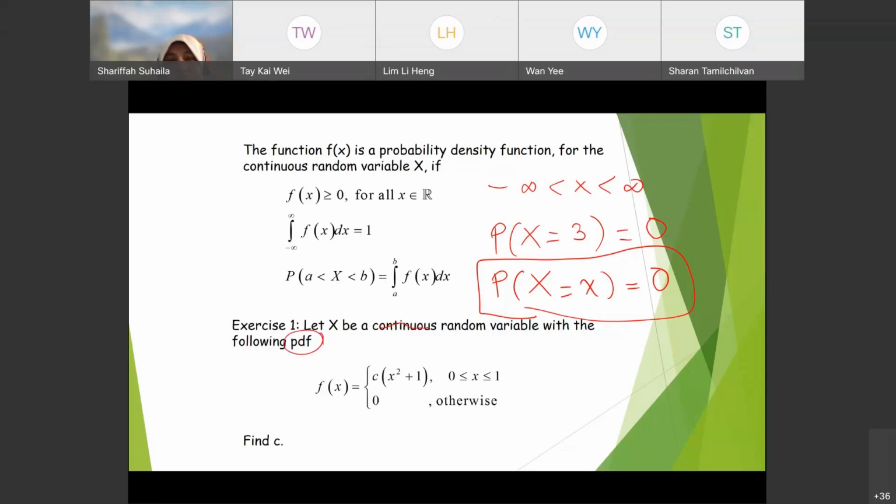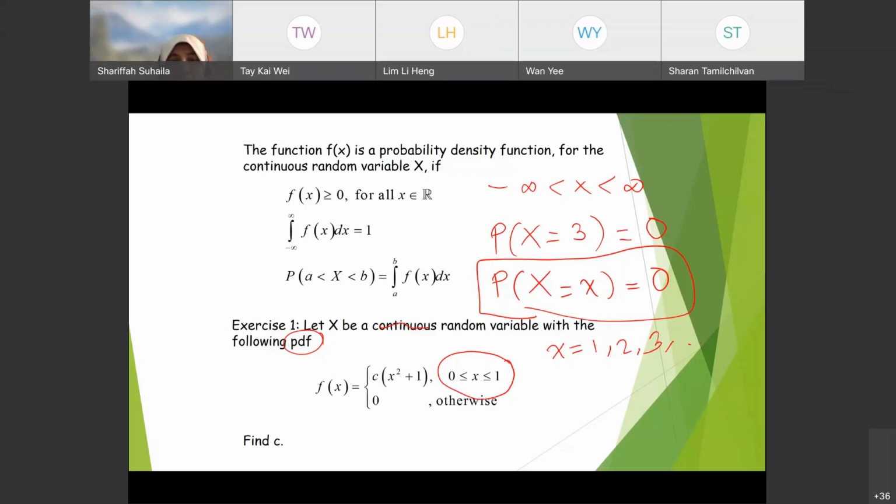For a continuous random variable question, normally the range is in terms of an interval. If you refer back to a discrete random variable, you will have x equals 1, 2, 3, normally whole numbers. But for continuous, it must be in terms of a range, normally an interval.